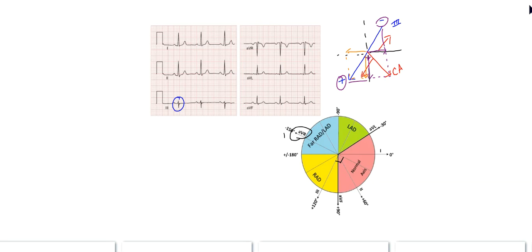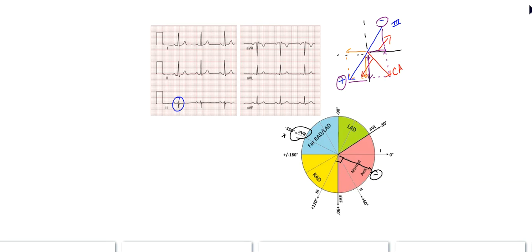Okay, so if this is the positive for your AVR, if current were traveling in that direction, what type of deflection would you see on the AVR readout? Positive. Well, we see negative, which means it's heading in which direction? Toward the negative end of that AVR, which means a good estimate right at this point would be roughly 30 degrees.